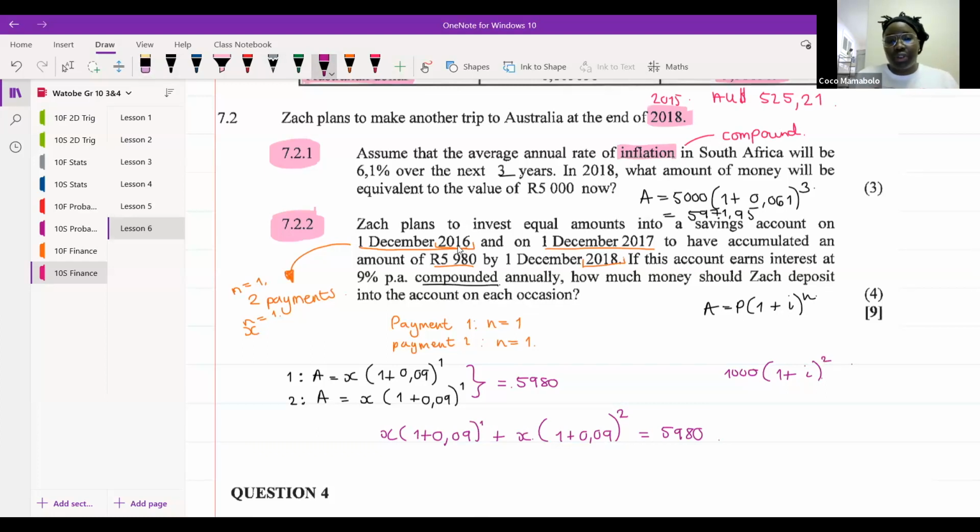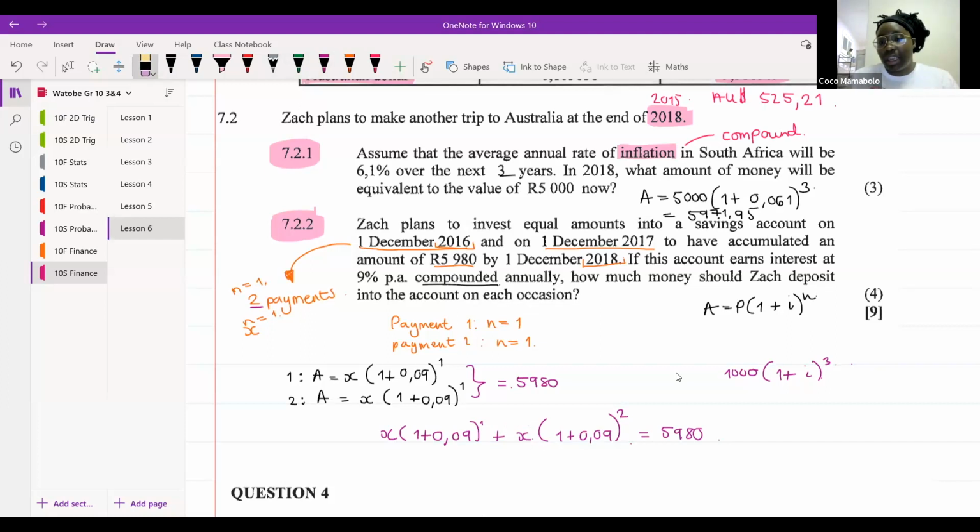It's going to be in there for 2 years. And if I want to do it for 3 years, it's going to be in there for 3 years. Now, this amount over here, remember, we don't know what the amount is. Whatever that amount was, it was in there for 2 years, not just 1 year. Even though we add a second payment, that first payment was already in there for 2 years.